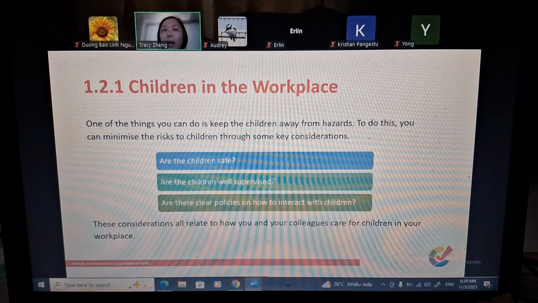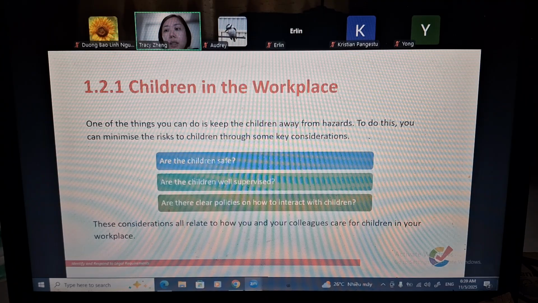So the following part is to discuss the children in our workplace. I think I did mention to you guys previously why we need to know about the children in our workplace. Most of the time we are supporting elderly people, right, or people with disability, but we will still have a chance of children coming to visit their grandparents, or coming into your workplace.